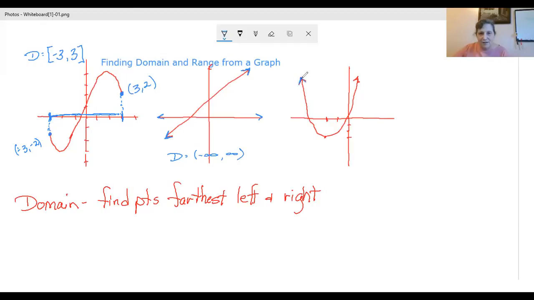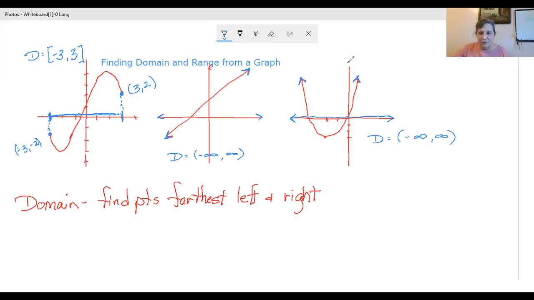And likewise, this, again, they're pointing up, but they also mean it never stops. So it goes out forever and ever. So the domain to this one is also -infinity to +infinity.